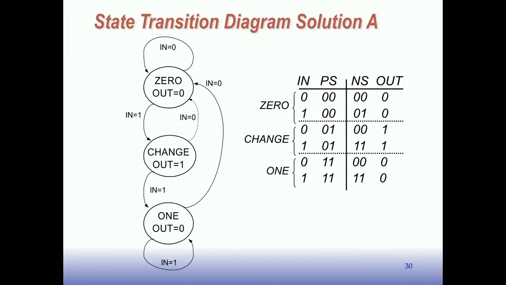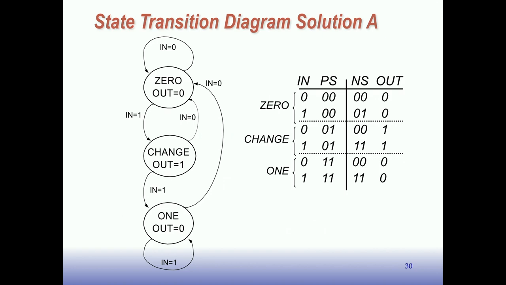These examples were so simple that they're pretty minimal number of states, but oftentimes it's easier to design a state machine without worrying about how many states you have. And then you can find that some of the states are actually equivalent to one another. So we have techniques for finding equivalencies between states. If you have fewer states, then it takes fewer flip-flops and simpler logic in order to implement the state machine. It'd be cheaper and faster and lower power if we can do that. So that's one way to optimize it.